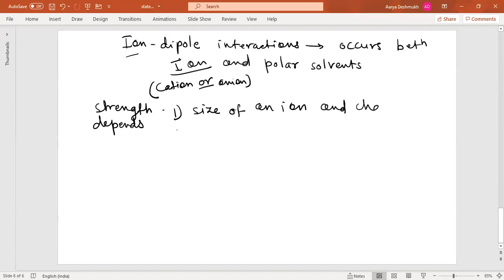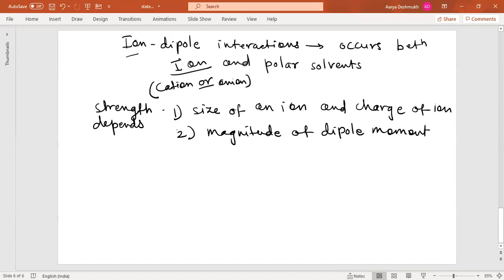Size of an ion and charge of an ion. Secondly, it depends on the magnitude of the dipole moment. I just explained what is dipole moment: mu is equal to Q into R. Okay. And third is the size of the molecule. Size of the molecule is also important when you talk about ion-dipole interaction.